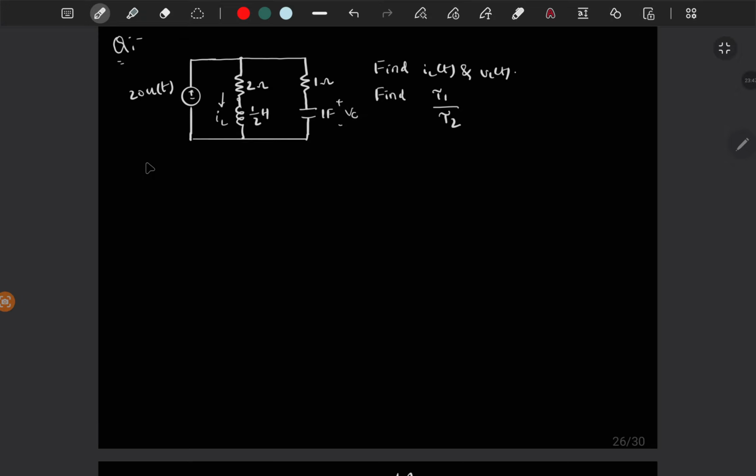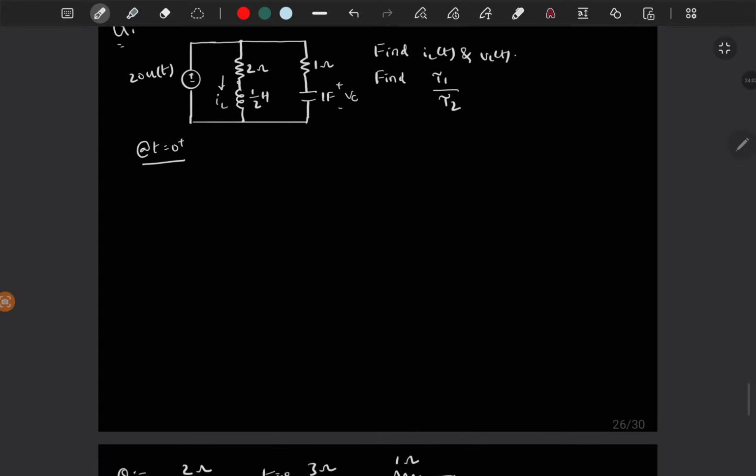So we have 20 volt from t greater than 0, and these two are in parallel, one RL and one RC. So what will happen at t is equal to 0 plus? The capacitor will be short circuited because it does not allow sudden change of voltage, and the inductor will be open circuited because initial current is 0.